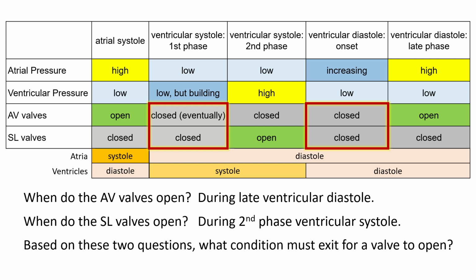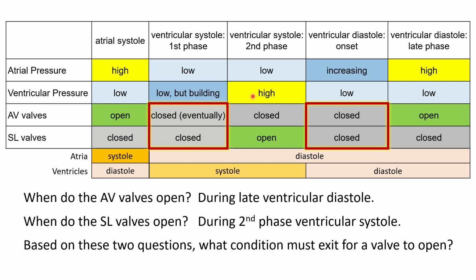Now it's a little bit harder to see what's happening during the ventricular systole, because the thing that we don't get to see on this table is that I did not include the pressure that the ventricle has to overcome with regard to the aorta. But the thing that I can tell you is that during the second phase of ventricular systole, the pressure in the ventricle is going to be high enough that it overcomes the pressure in the aorta.